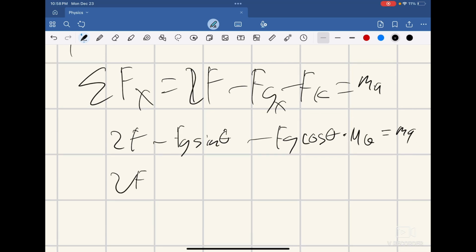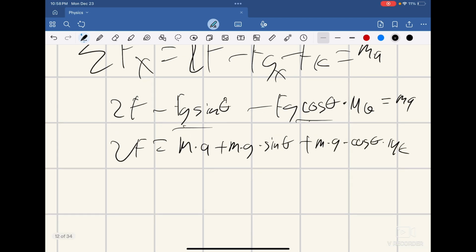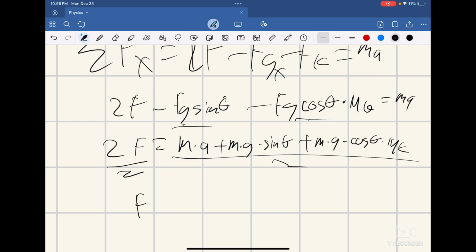So I'm just going to move these two values to the other side: mass times acceleration plus mass times gravity times sine theta plus mass times gravity times cosine theta times mu k is equal to 2F. And I'll just divide both sides by 2.